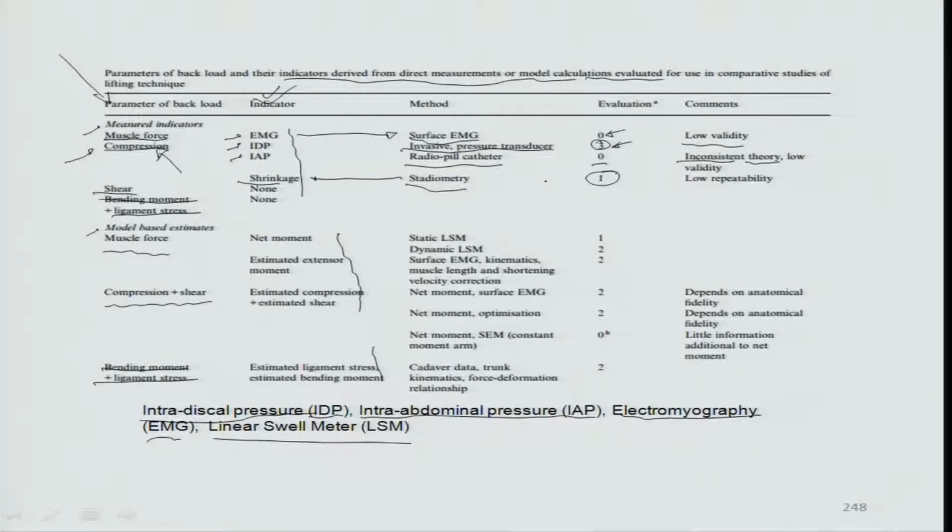So such things have also been done for the model estimates, and from these evaluation mechanisms there are certain critical indicators which would be needed to understand more appropriately the muscular compression forces.